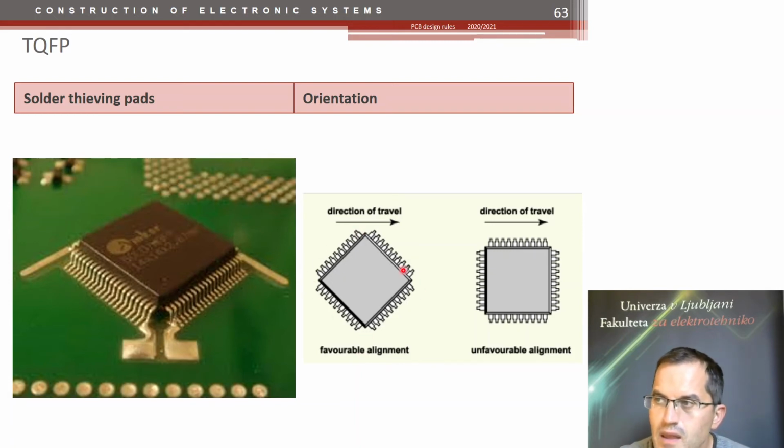Why is that? Because now the solder bumps can jump from pad to pad quite easily. Well, here they can't. Here they can. Here also. Here they can't. So by putting them at 45 degrees, you can put two thieving pads at the end and you are more or less on the safe side.